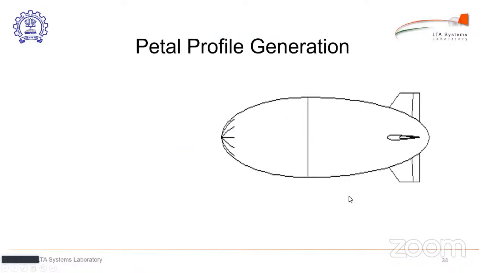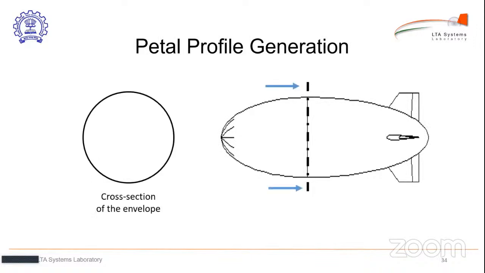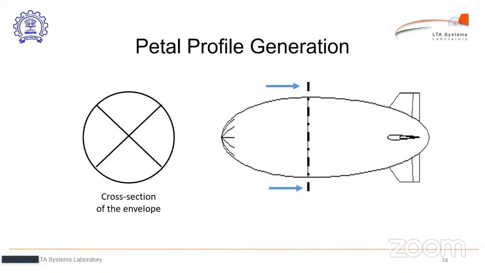If this is the envelope cross section, then if you take a section at the center at any location and look from this direction, you will see that the cross section is a circle because this is an axisymmetric body. And from the nose, you can draw these lines along the length of the airship. They are called the petals.